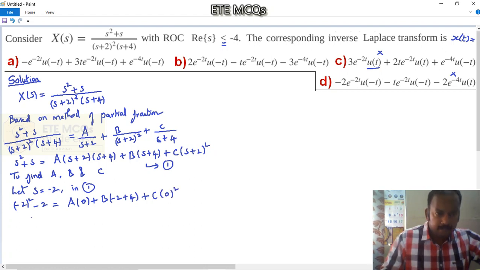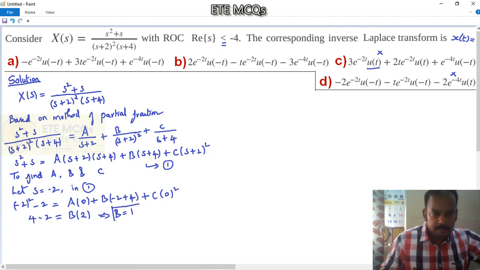So finally we get 4 minus 2 is 2, which equals B into (minus 2 plus 4) is 2. So 2 is equal to 2B, which implies B is equal to 1.